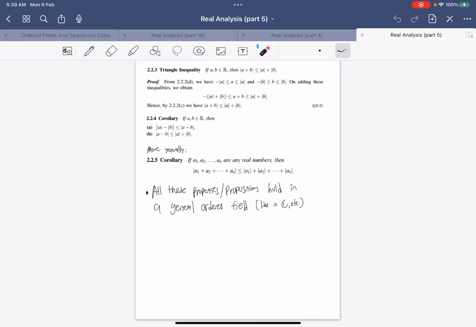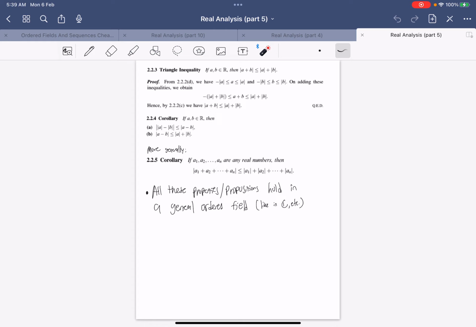Then there are some corollaries to it, and really it's just rewriting the triangle inequality in a different form. So now we replace the a plus b with a minus b, and then you can just replace it accordingly and you'll see how it follows. So you can prove it yourself and I won't go through it because it's quite simple.